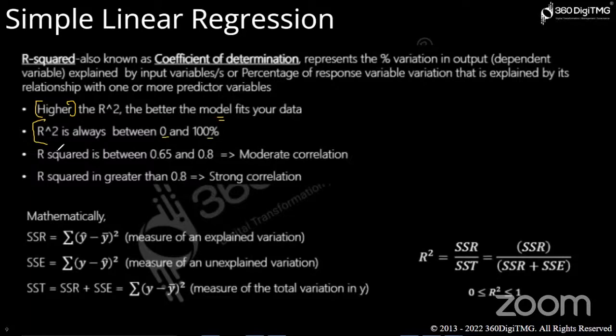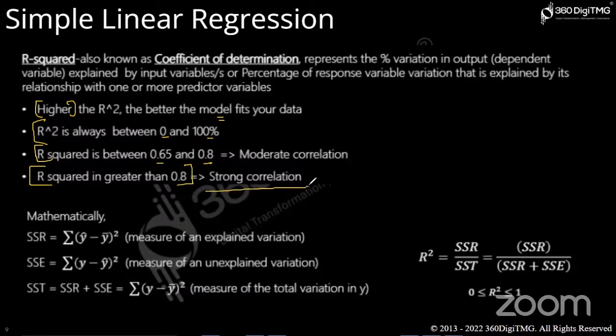If R squared is between 0.65 and 0.8, we call it a moderate correlation, and if R squared is greater than 0.8, we call it a strong correlation.